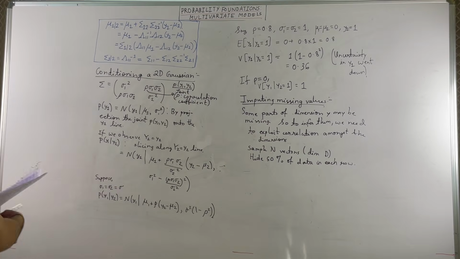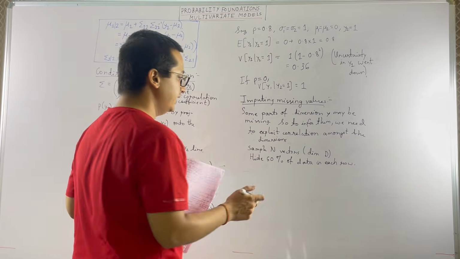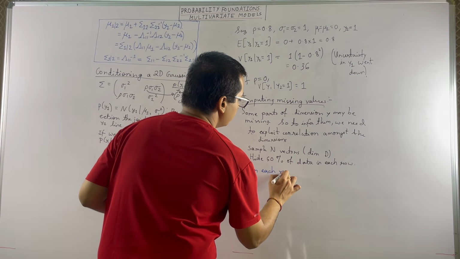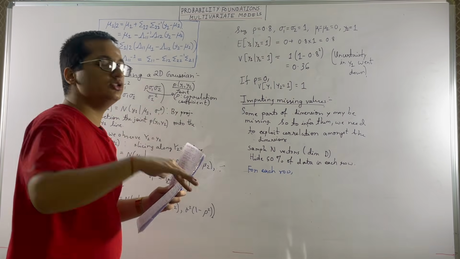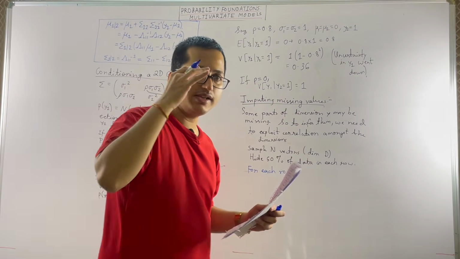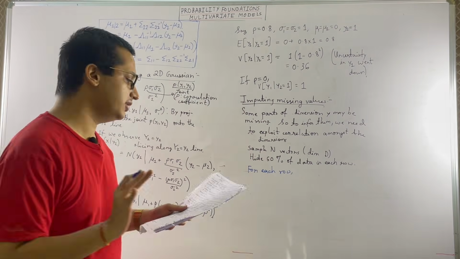Then how I should do the computation to infer the missing values is that, we have n rows, right? So for each row, I can have a joint modeling, right? A joint density, because it's d-dimensional, let's say Gaussian d-dimensional.